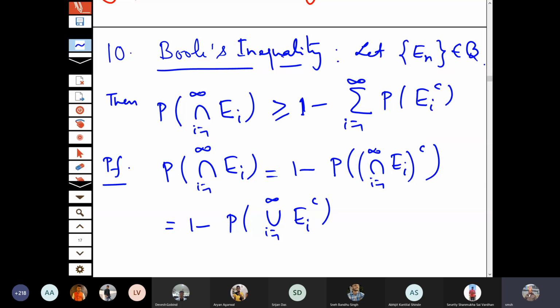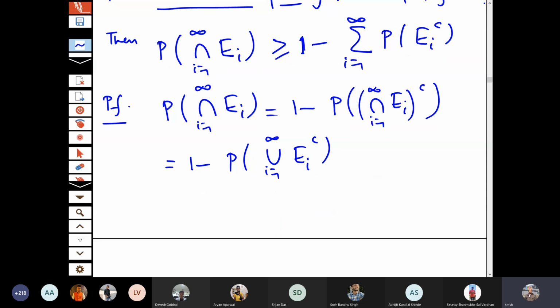And on this you can apply the subadditivity. So this will become 1 minus sigma probability of Ei complement. Is the proof clear?